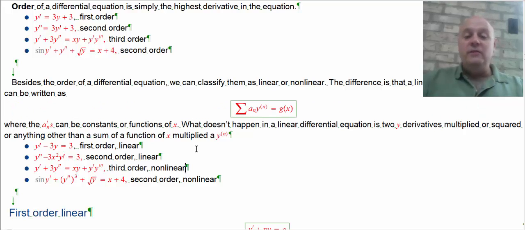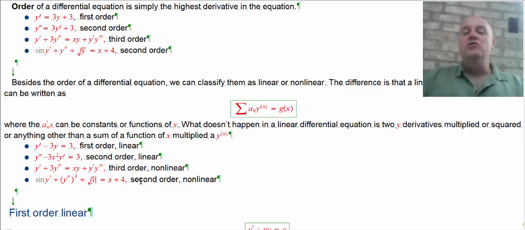So basically I'm looking for nonlinear things happening to the y, and then I can classify it as nonlinear. The last equation is nonlinear for a lot of reasons. I've got a y prime inside the sine, a y prime prime cubed, and the square root of y. Those are all nonlinear things happening to y, so that one's a nonlinear equation.